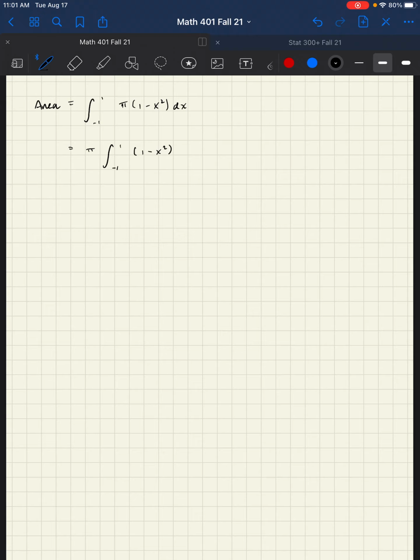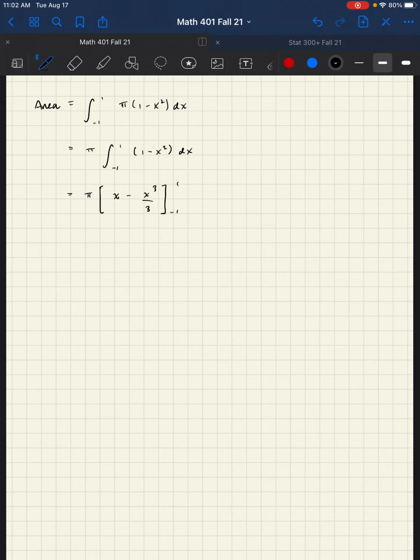So pi times the integral from -1 to 1 of (1 minus x squared) dx. And so this is just a polynomial. This is going to be pi times [x minus x cubed over 3], from -1 to 1.